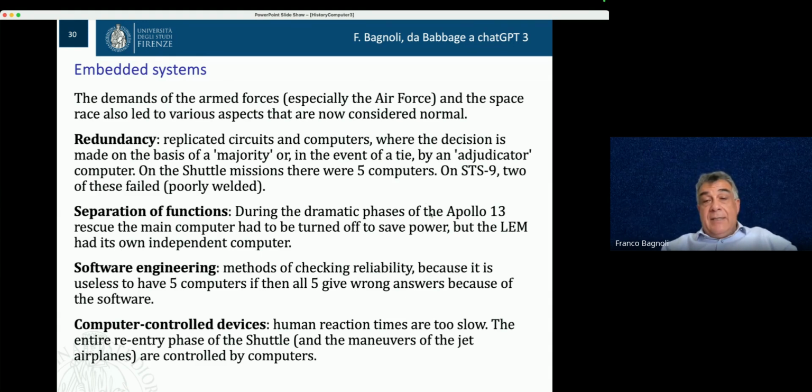For instance, in the dramatic phases of the Apollo 13 mission, you remember, soon after it was planned to land on the moon, one of the tanks exploded, so that the crew had to leave the main module and go into the lunar module, which was supposed to descend on the moon, to stay there, to save power and to save what can be saved, because otherwise they would not have enough power to reheat the parachute for coming back to the Earth.